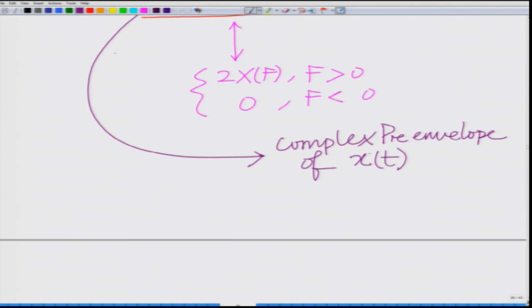That is, we consider only the positive frequency band and scale it by a factor of 2, and the negative frequency band is set to 0.